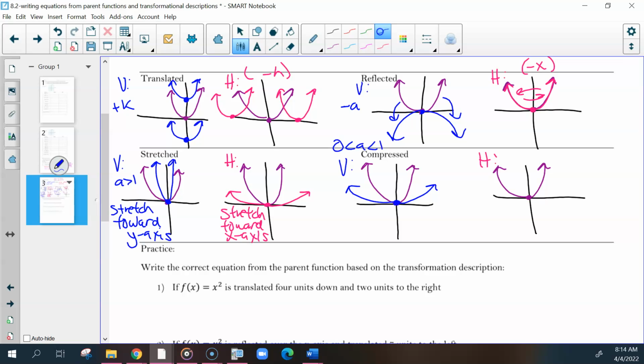But with this, it's shrinking away from the y-axis, which is why it's getting wider. And then your horizontal does the opposite of this one. This one gets narrower because it's shrinking away from the x-axis.